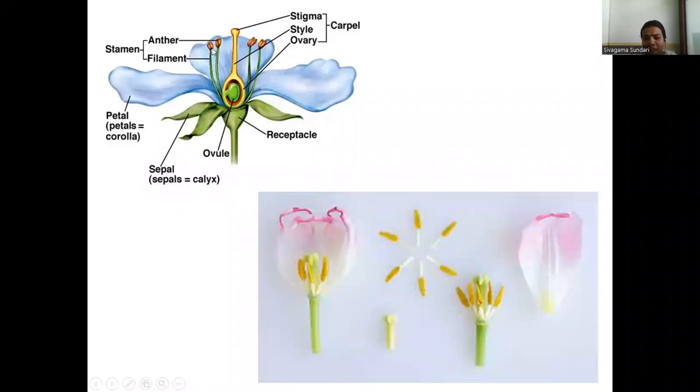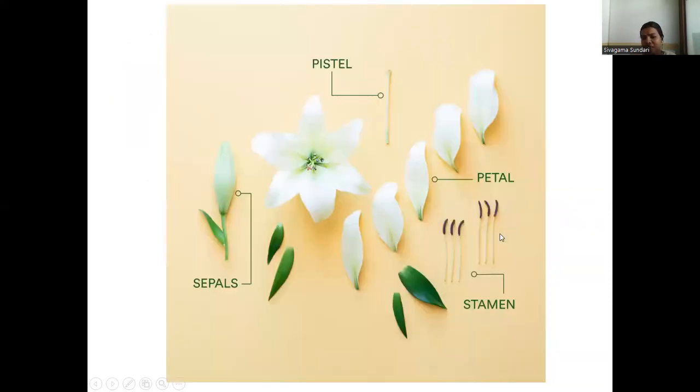If you cut open the anther, you will find the male germ cells. So the stamen constitutes the male sex organ, and the stigma, style, ovule, and ovary constitute the female sex organ, which we call the carpel. This is the complete structure of the flower. And when you dissect the flower, you can dissect it like this.